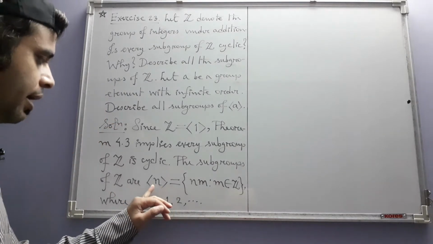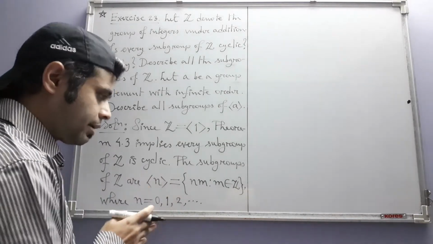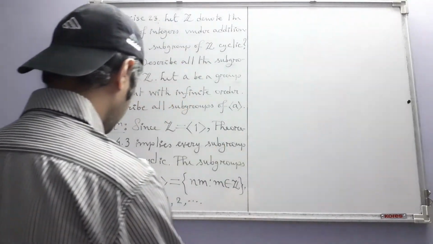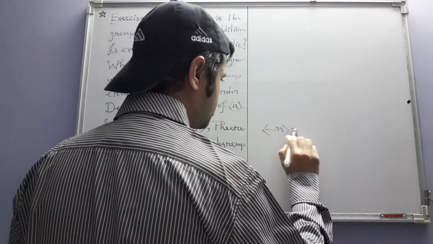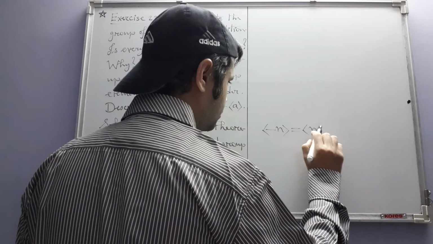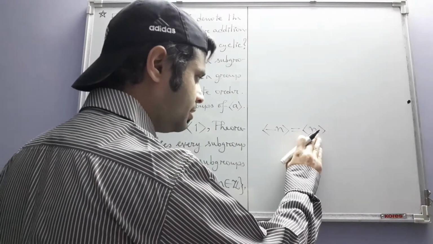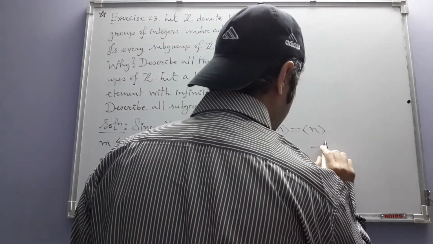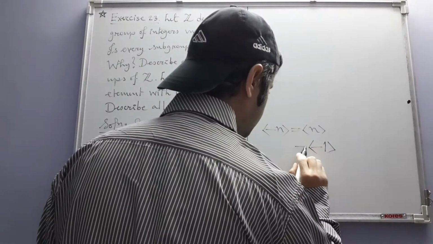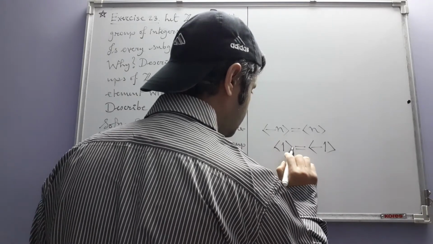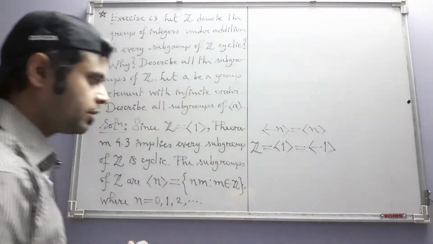You may ask what happens when you take a negative n. But because this is a cyclic subgroup of the original group, if you take a negative n, it's quite easy to see that it will be equal to this one. For example, if you take -1, then one can show that it is just equal to the subgroup generated by 1, which is nothing but the entire group.